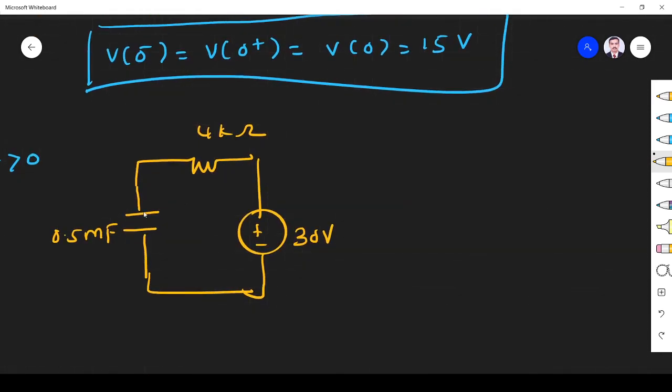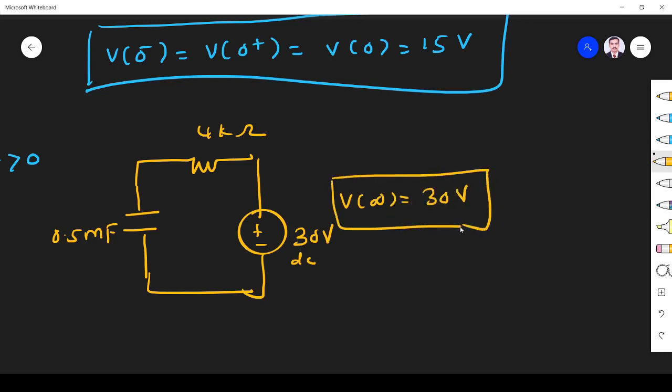V infinity is nothing but the steady state voltage. So you see, this is again DC, so the capacitor is open. Right now the steady state voltage V infinity is 30. What is the reason? Because at t equal to 0, the switch moved to point B. Now the capacitor reaches steady state, right? So this is a constant supply, so V infinity is 30 volt.